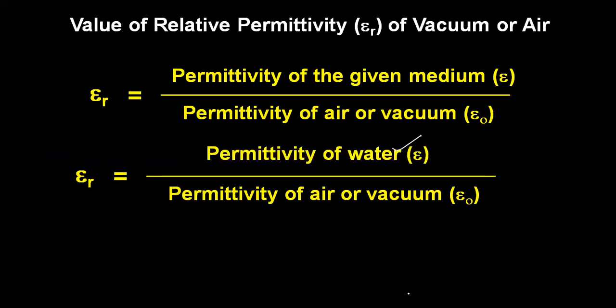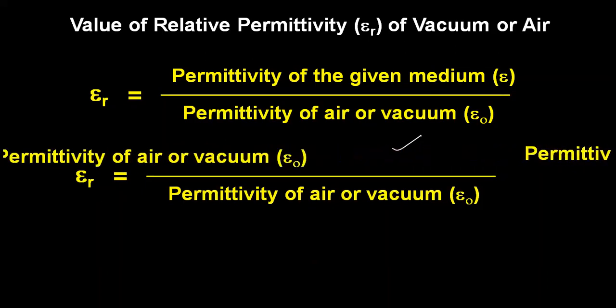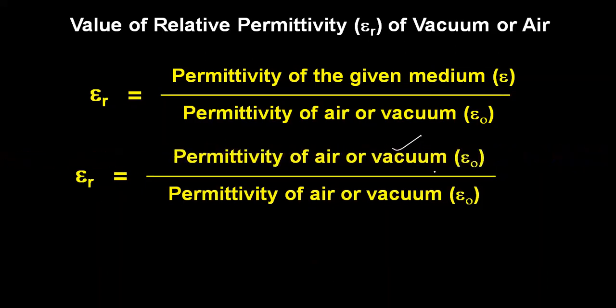If I want to find relative permittivity of air or vacuum, then the numerator has to be permittivity of air or vacuum by the denominator permittivity of standard, that is again air or vacuum. So both numerator and denominator are the same, so they cancel each other, and hence I will get 1.